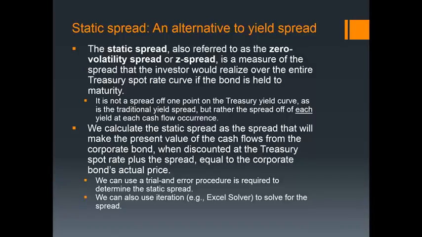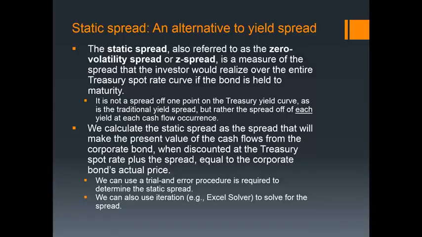In terms of how we figure out the spread, what we're trying to do is figure out how many basis points we'd have to add to each of the spot rates along the spot rate curve, so that the present value of all the cash flows is equal to the bond's current price.